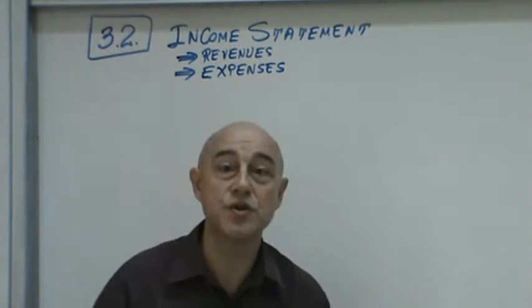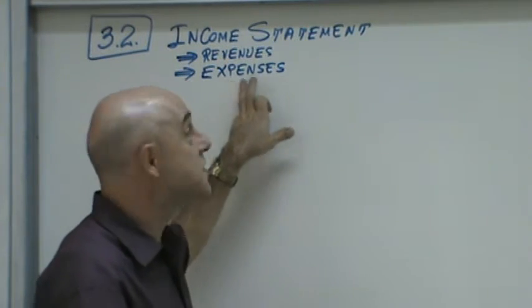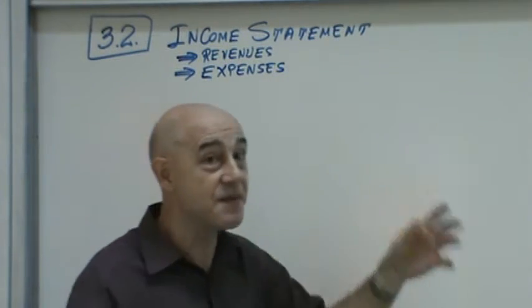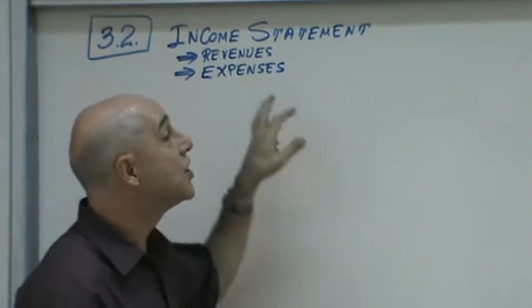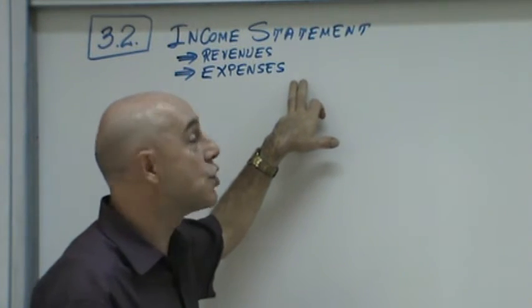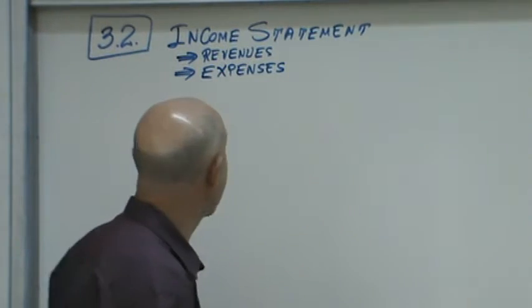Cost is something where you spend money. Expenses are where you spend money to generate revenue, because you might be spending money on other things which don't generate revenue. So the income statement is associated with expenses to generate the revenue.